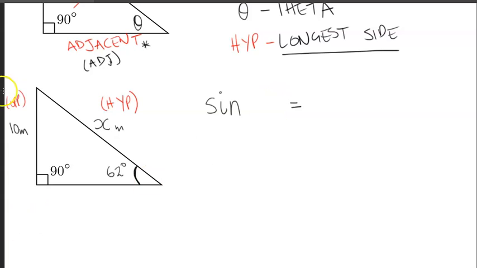Let's say that the sine of the angle, okay, and this is the type of formula that was discovered by the Egyptians. They said that the sine of this angle is equal to the opposite over the hypotenuse.